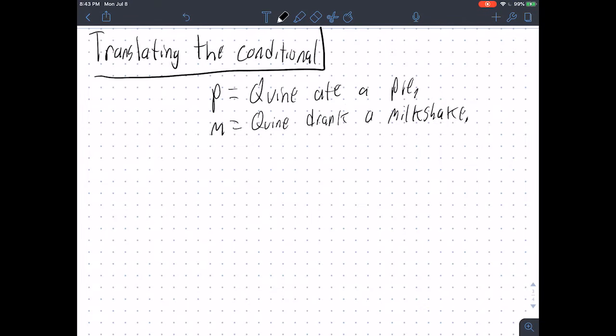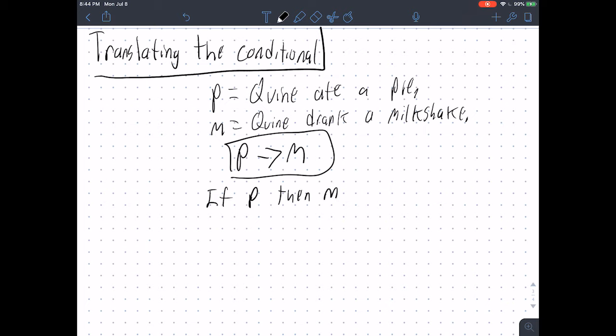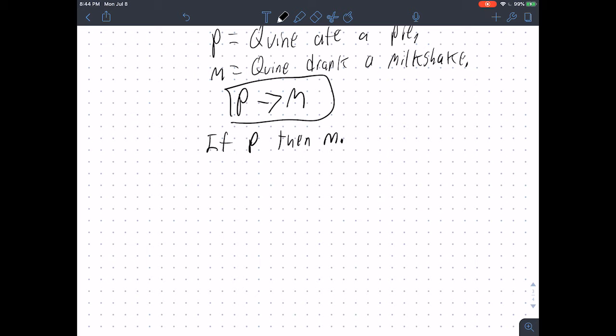Okay, translating the conditional. We are used to reading schemata like this as "if P then M," right? So that's one perfectly acceptable way of saying that in English. So, if Quine ate a pie, then he drank a milkshake. There are a few more ways of translating the conditional that are kind of confusing.